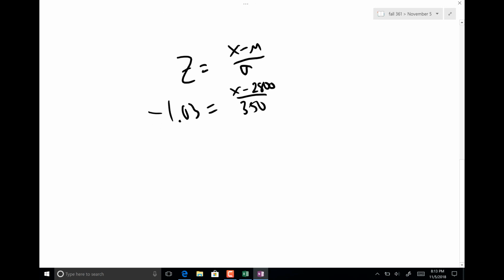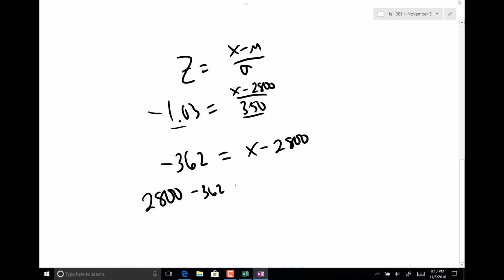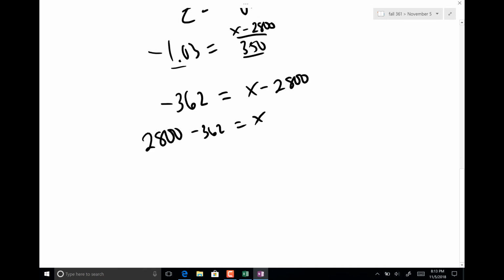So when you multiply that over there, it's going to be 350 times negative 1.03, which is like negative 362. And then it's going to be x minus 2,800. So, of course, it's going to be 2,800 minus 362. $24.38, right?